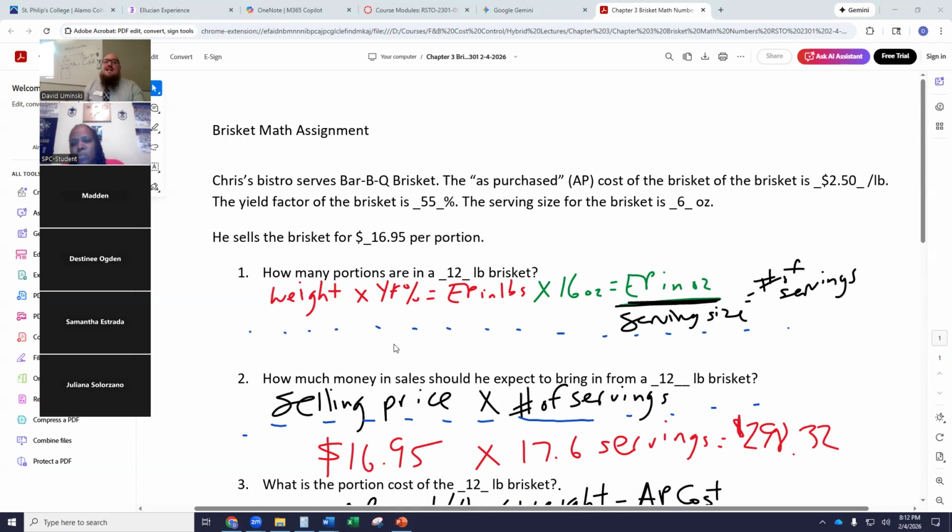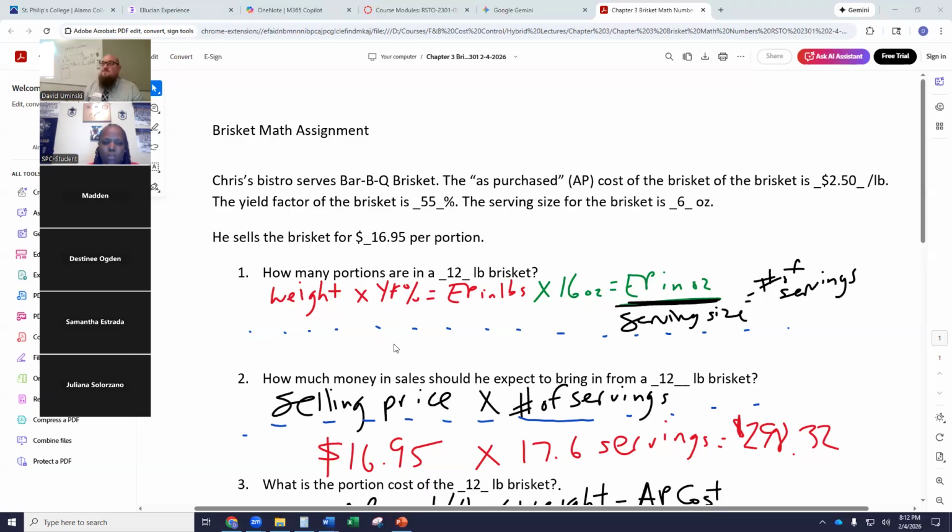By writing out the formulas, writing out everything in words, it allows you to remember and go back. In your chapter 3 quiz, the last part is going to be a problem just like this, but with different numbers. That way you'll have the formulas to go back and plug things in. Number 1 is how many portions are in a 12-pound brisket.